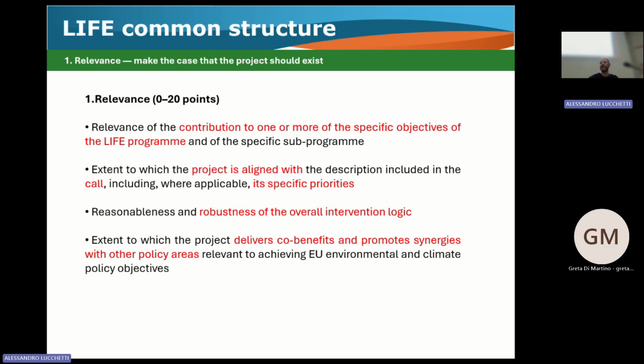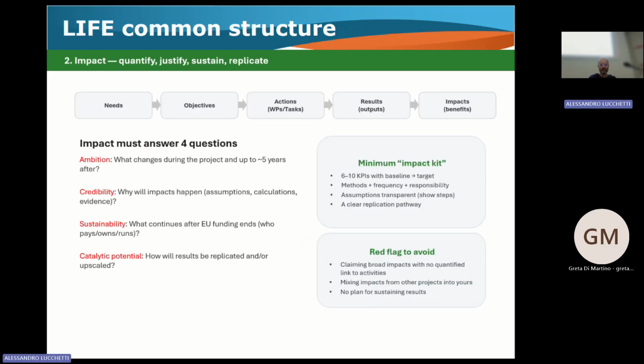It tackles these needs of this regulation, etc. So you have to clearly report the link between your objectives, your final outcomes, and the policy. That can be several policies, the Marine Strategy Framework Directive, for instance, etc.